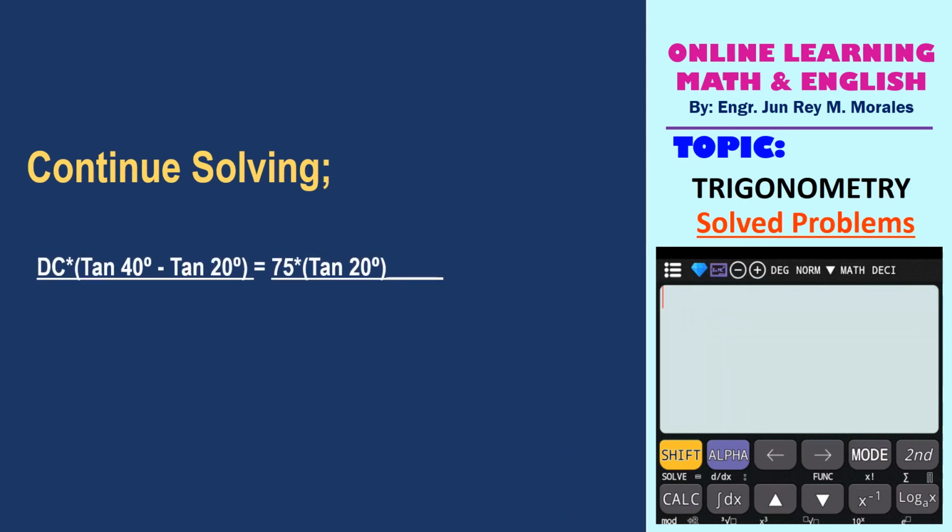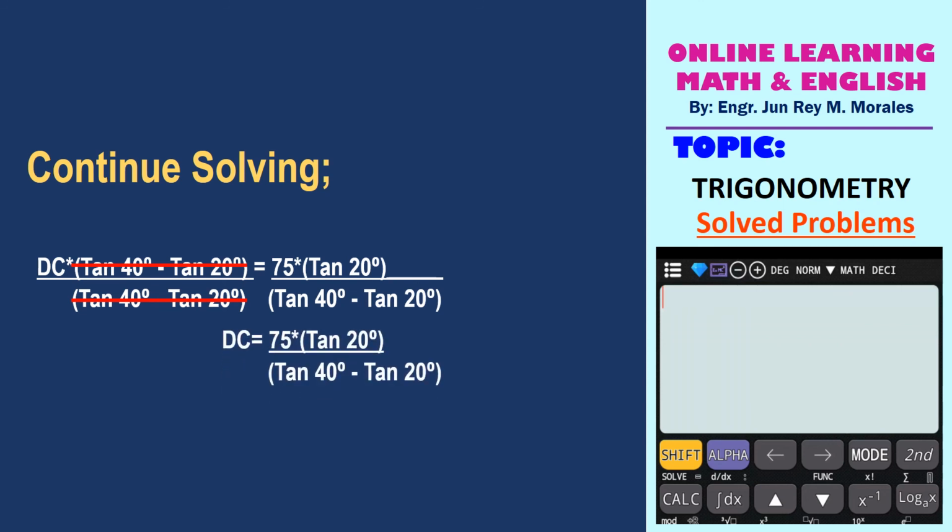Since we need to get the value of DC, we shall divide both sides by tangent 40 degrees minus tangent 20 degrees, and continue solving. Using a scientific calculator, we can get the answer.